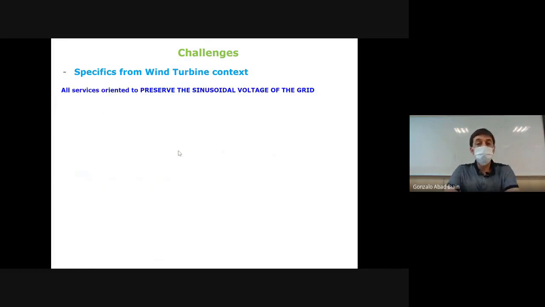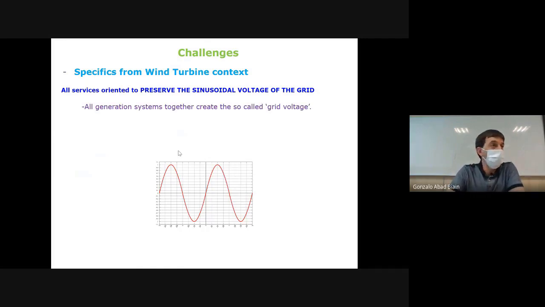And the reality is that all the services that we are demanding more and more of wind turbines are oriented to what? The question is, why are we demanding that? Basically, to preserve what we call the grid voltage. All the generation systems create the grid voltage all together, la tensión de la red, as we call it.